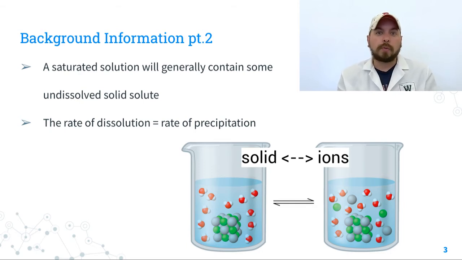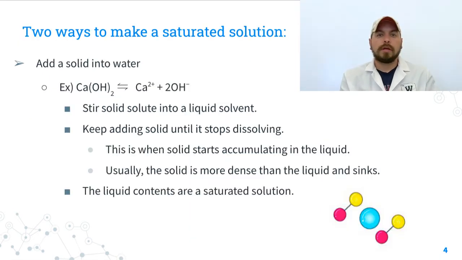That's why when we add more solid, nothing more dissolves. Adding solid to any equilibrium system doesn't change the equilibrium itself. In the case of solubility, the equilibrium is entirely predicated off of the concentrations of our products, in this case, the ions. There are really two techniques to create a saturated solution.